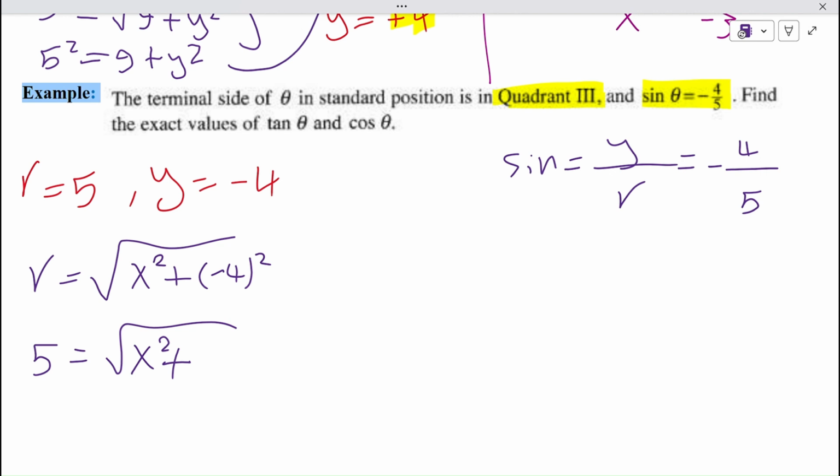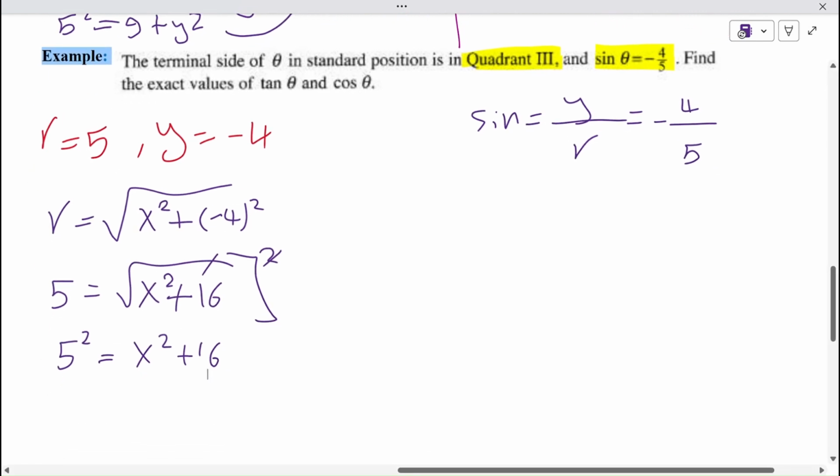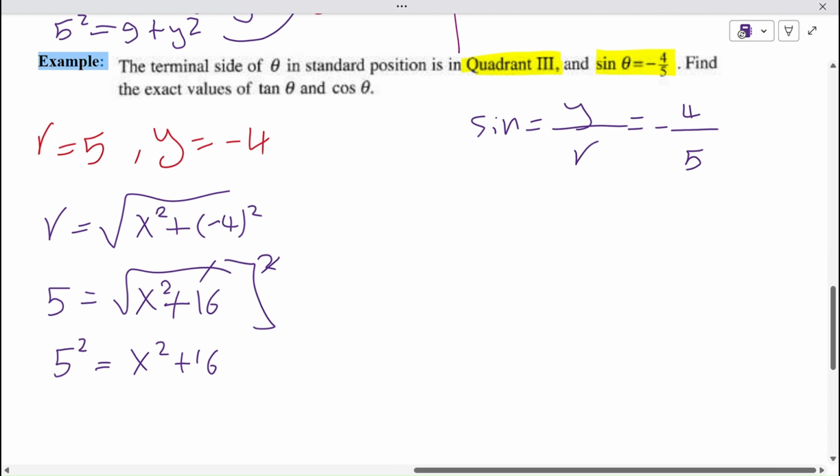So by squaring both sides, this becomes 5 square is equal to x square plus 16, the square root cancelled. Now, 5 square is 25, equal to x square plus 16.